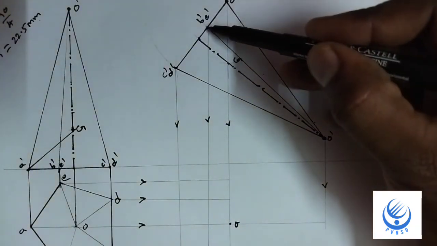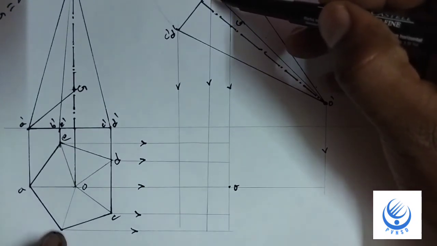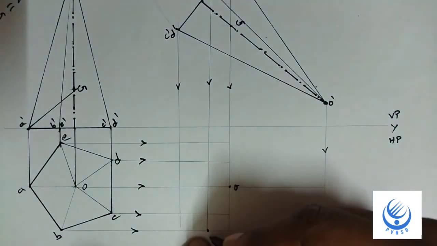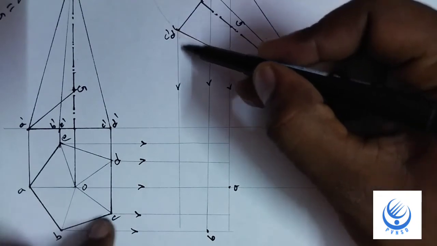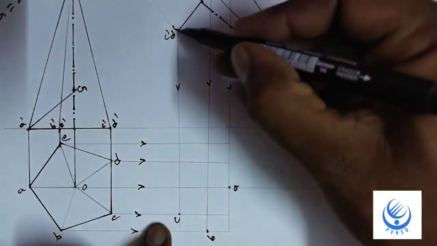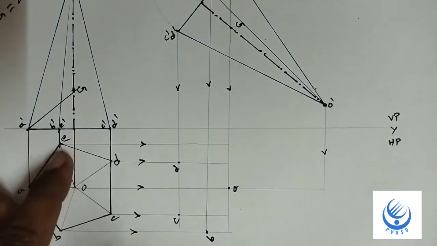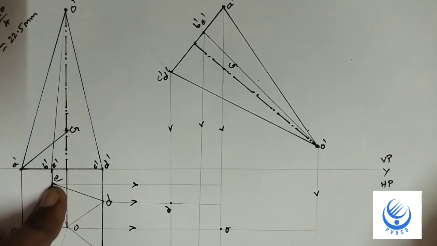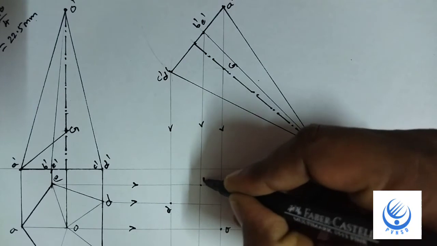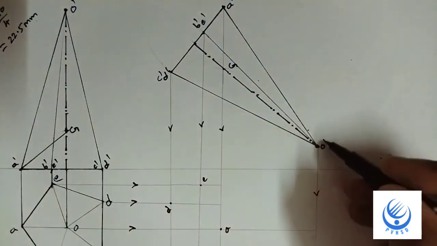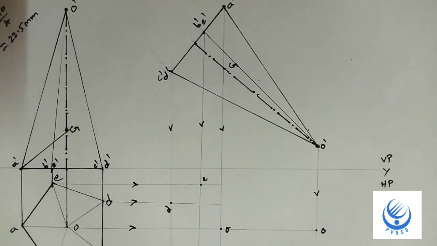Then this is the B. Now this is the point B. The next C. This is the point C. Next D. This is the point D. Okay. This is the E. Okay. The next, this is the apex point, center O.